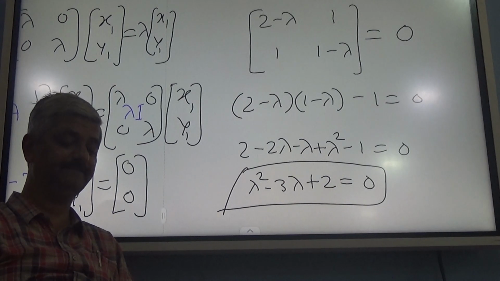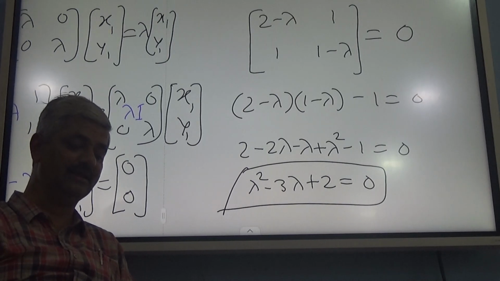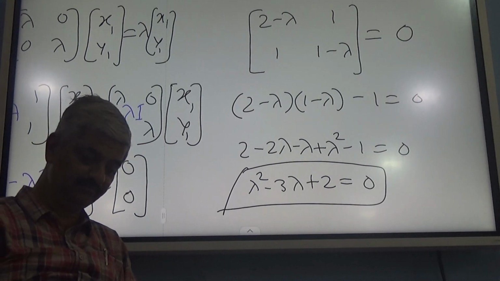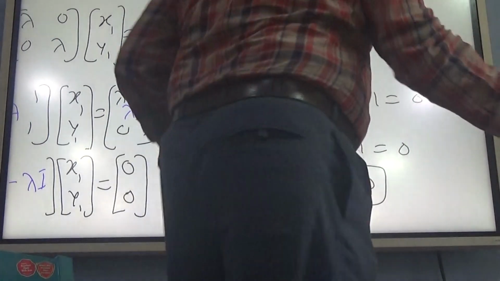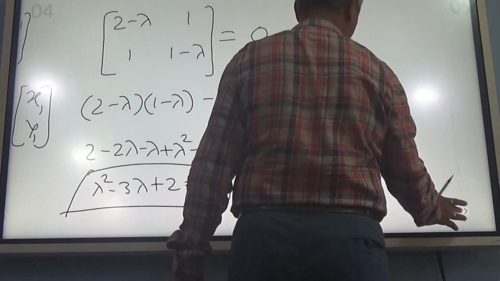So what are the answers? Clear that for lambda equal to 2, what is the vector? So lambda equal to 2 and lambda equal to 1 are called eigenvalues.